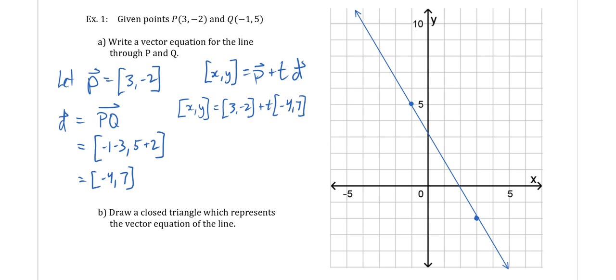Any questions about that so far? So my direction vector is (-4, 7). Where's that? Right about here.